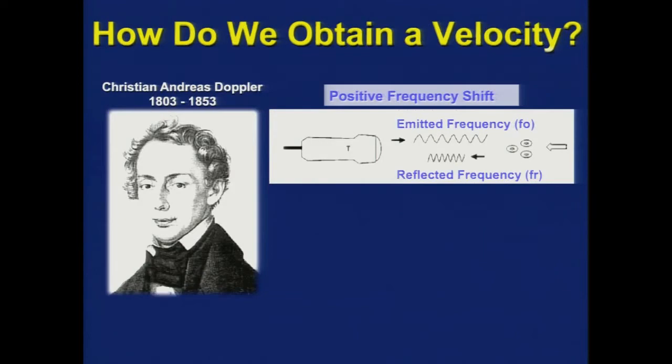As we get started, we need to think to ourselves, how do we obtain in echocardiography velocities of a target? This of course comes from the work of Christian Andreas Doppler, which provided us the mathematical relationship between the magnitude of the frequency shift, that is the change in the reflected frequency from the emitted frequency, and the velocity of the target, here the red blood cell, relative to the source, the transducer.